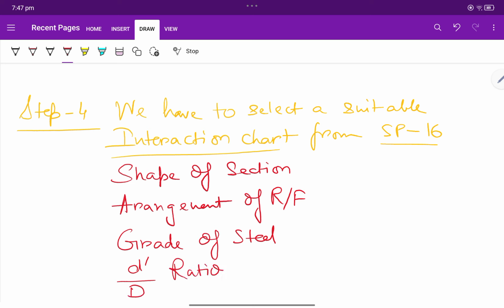These things are needed for selection of the interaction chart.